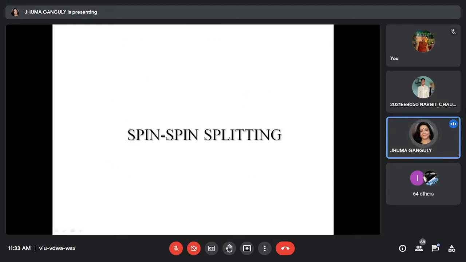Now we will go for another very important parameter: how we differentiate protons, methyl proton, methylene proton, or CH. There are three types of proton: aromatic proton, CH proton, CH2 proton, CH3 proton. So how do we differentiate these, and how can the neighboring protons predict the nature of the proton, either methyl or methylene?